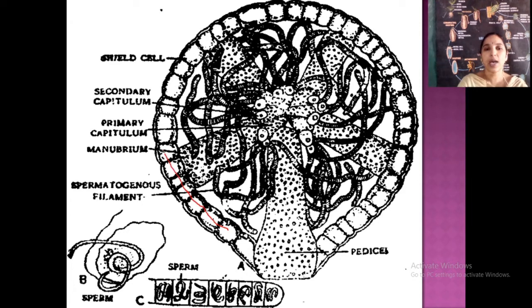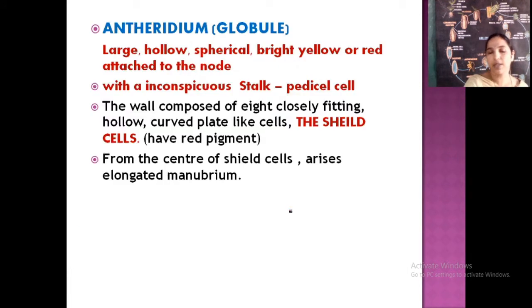See, these are the shield cells. Okay. So what about the structure of shield cells? Shield cells are actually the outer covering of this globule.